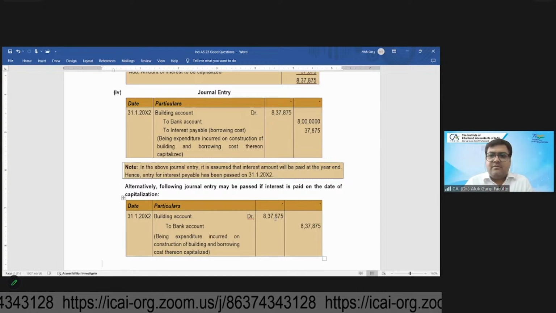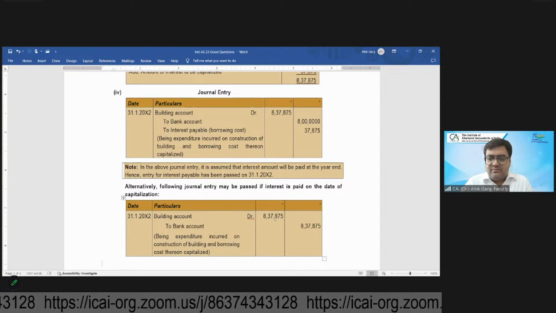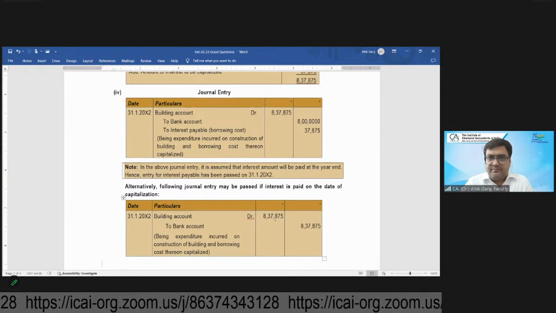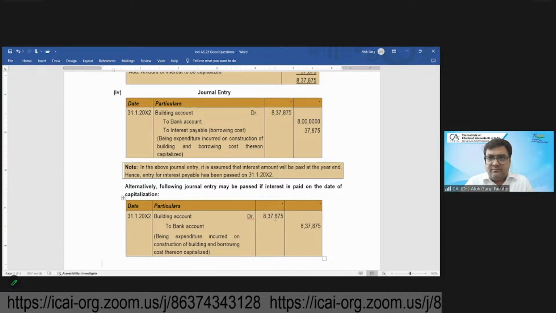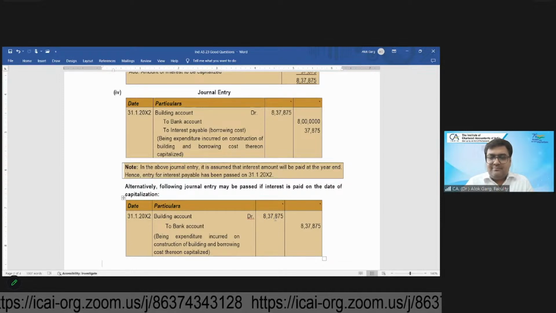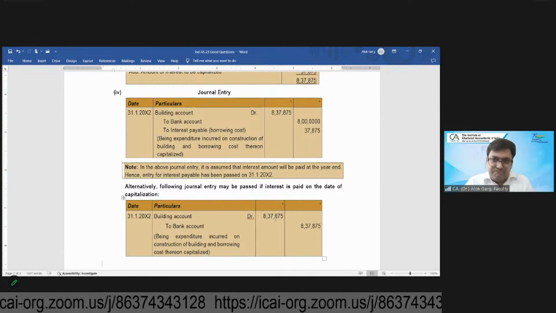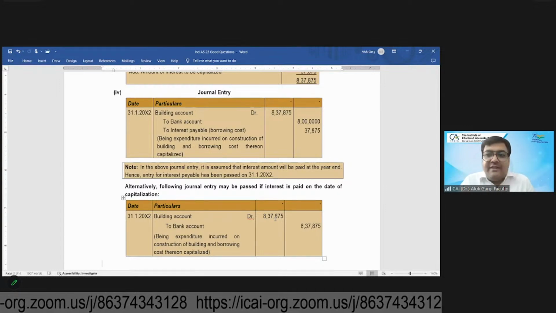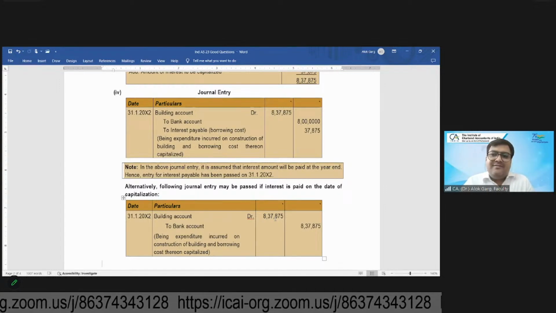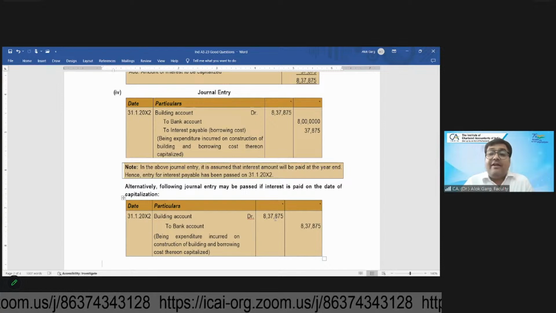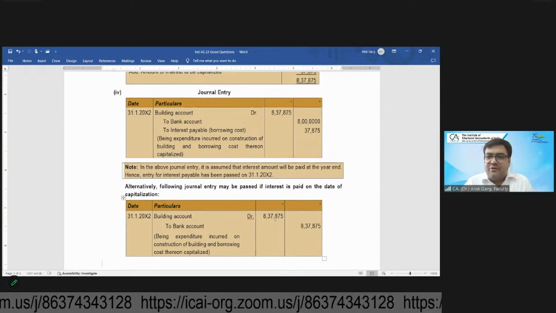Yes, sir. Sir, my question is why is the bank account credited? Why not the bank loan account? It's okay if one is considered, because ultimately, we have taken a loan from the bank, no? Abrakesh, when was the loan taken? Yes. When was the loan taken? I'm asking you.